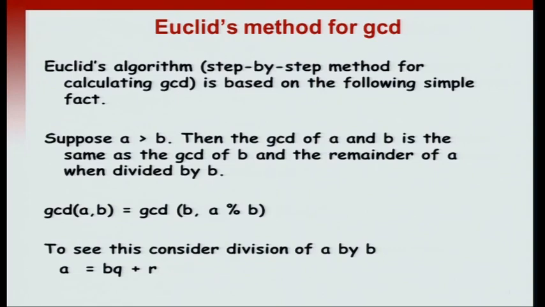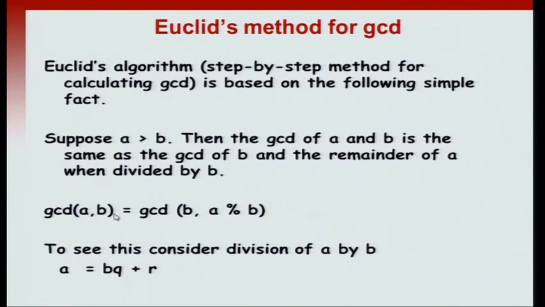Then GCD of a and b is the same as GCD of b and the remainder when you divide a by b. It is written by the equation GCD(a, b) = GCD(b, a % b). The modulo operator is represented as the percentage sign because this is the convention that we will use in C.